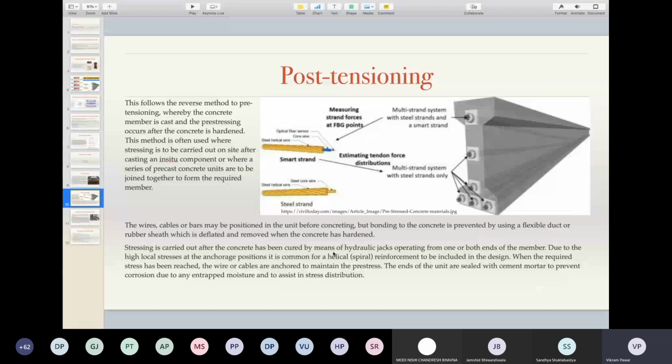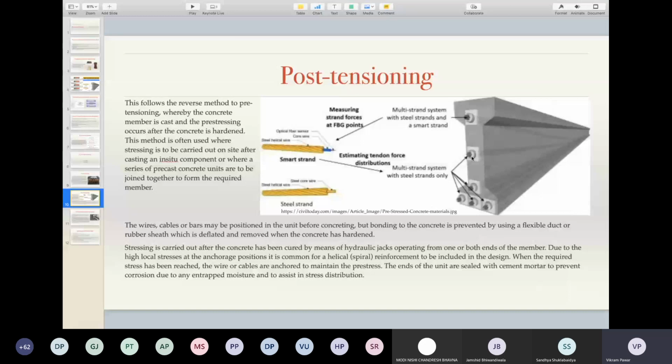Now these wires can be a multi-strand system or a rod system. These cables, the strand systems, are in a sleeve, so there is no bonding between these cables and the concrete. All the pre-stress is at the end.